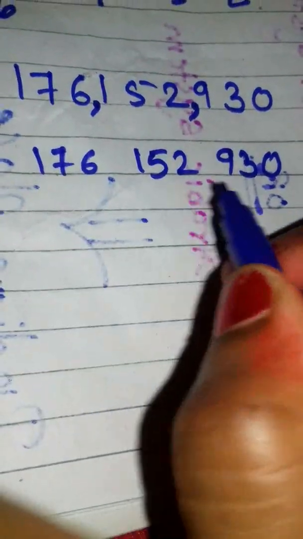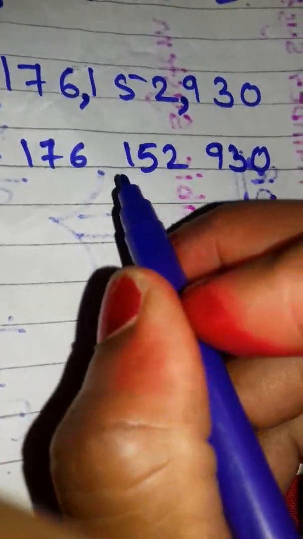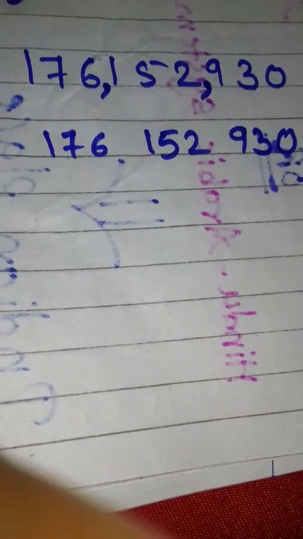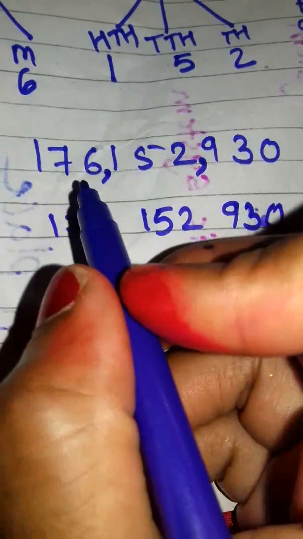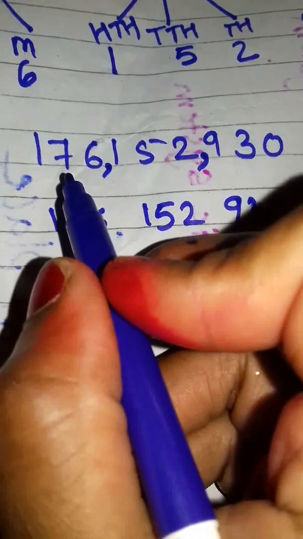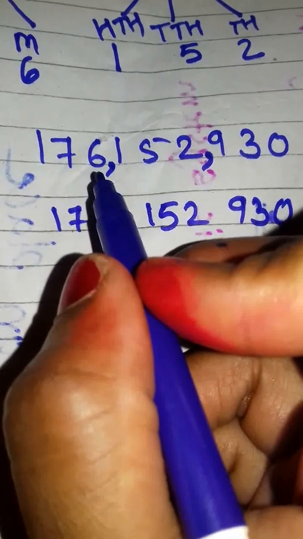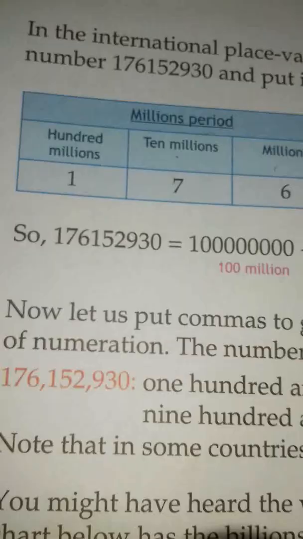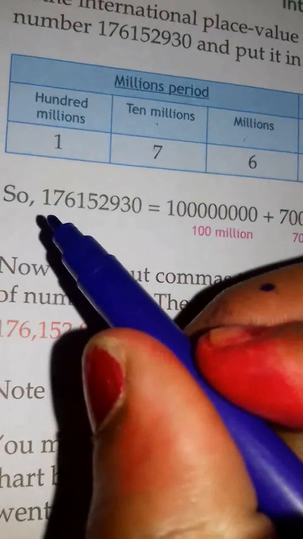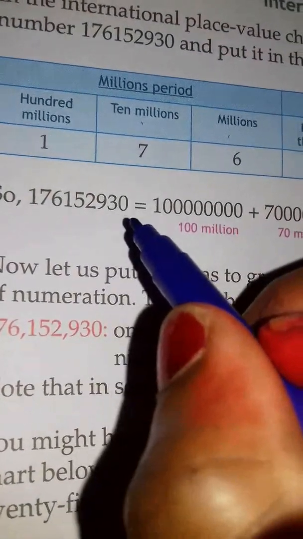Or we can write it this way, 176 152 930, by putting space between the digits of the different periods. How will we read it? It is hundreds place, it is tens place, it is million place. Now you can see here it is given 176 152 930.